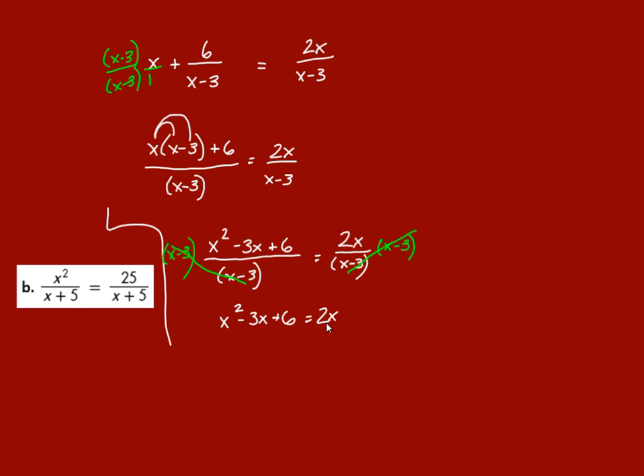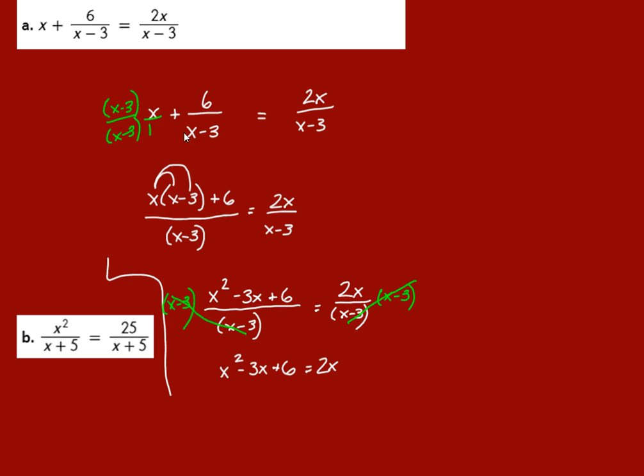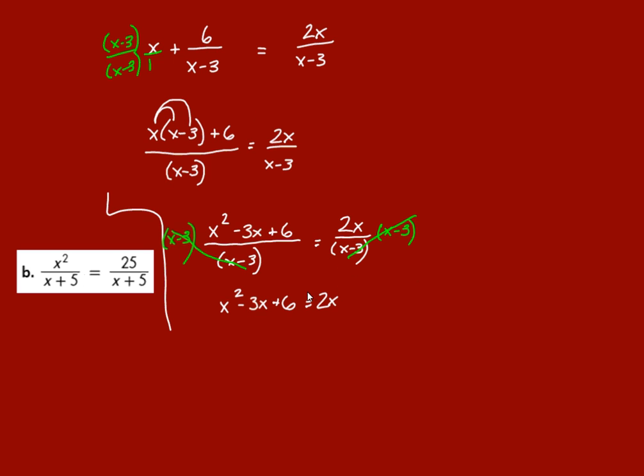Now that's kind of a hack or a little shortcut that a lot of people don't talk about. You can get rid of your denominators if you just multiply both sides by the same thing. You're keeping your equations balanced, to use a chemistry term. Now this won't factor. This right side, sorry, this left side won't factor. But if I subtract my 2x from both sides, I get x squared minus 5x plus 6 equals 0, and I believe this will factor.